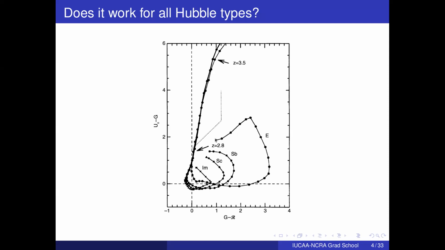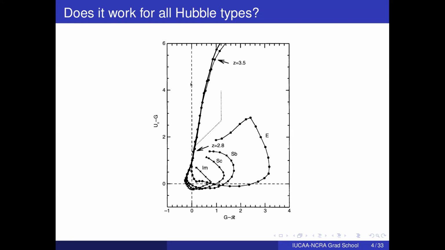So what this shows is a track of elliptical galaxy spectrum as a function of redshift. So this is at redshift 2.8. This is at redshift 3.5. So it's increasing like this. The elliptical comes in like this and goes in like this. So suppose you make a wedge.